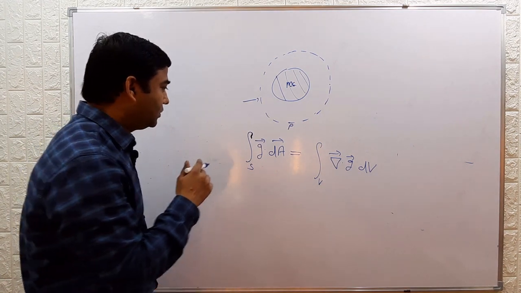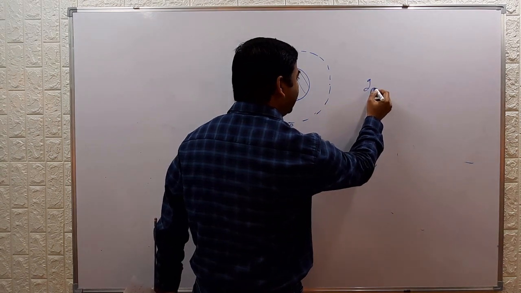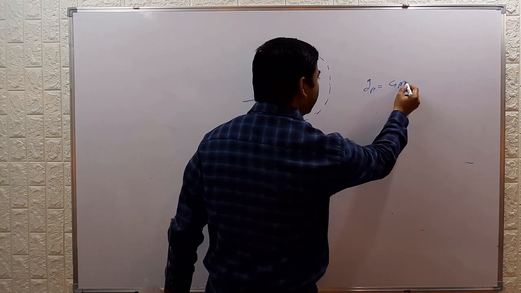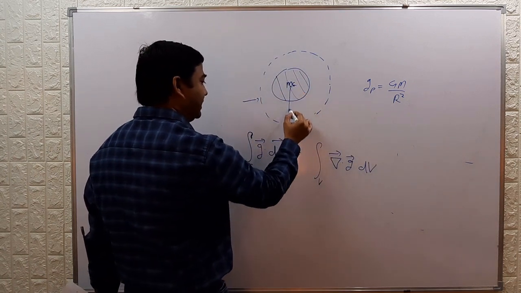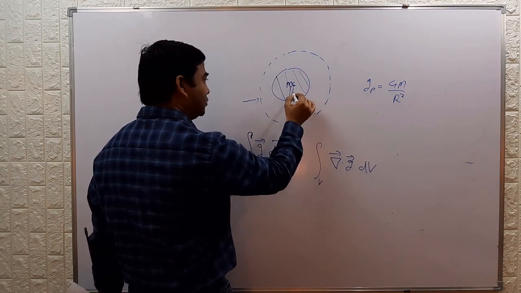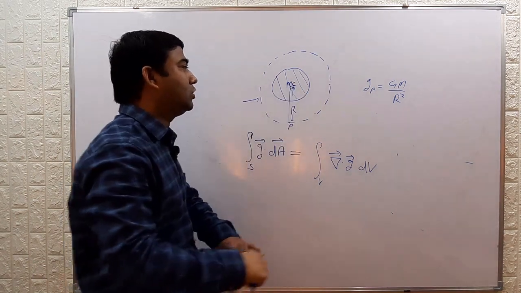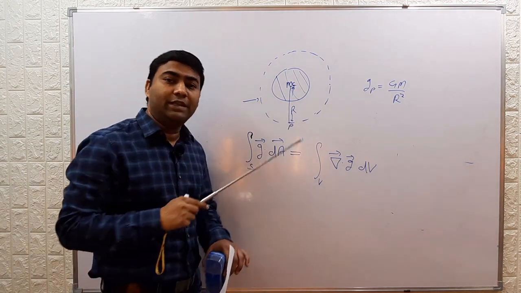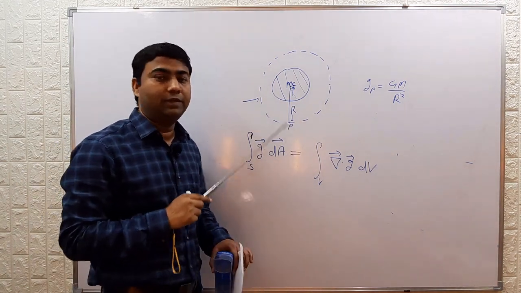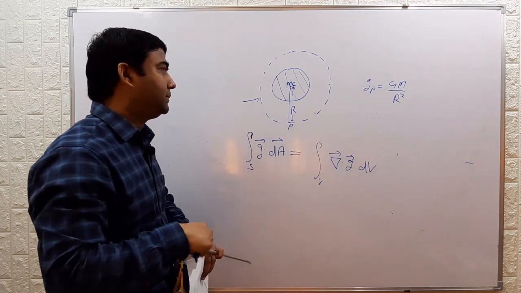Now, from Newton's law, we know that G at P is equal to Gm by r square, where r is the distance of point P from the center of this mass. Just as we used Maxwell's law to simplify in the electric field, similarly from Newton's law we know the value of G at P.